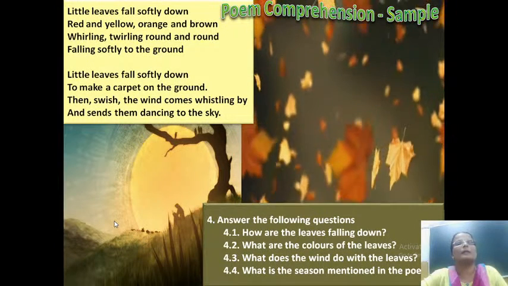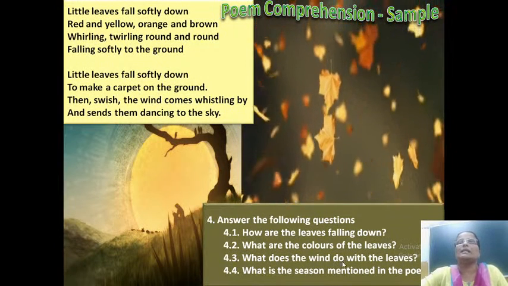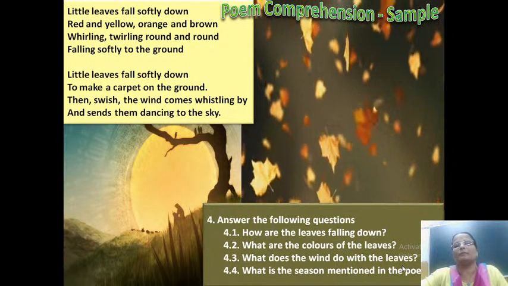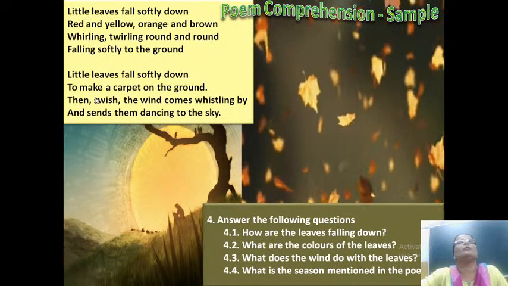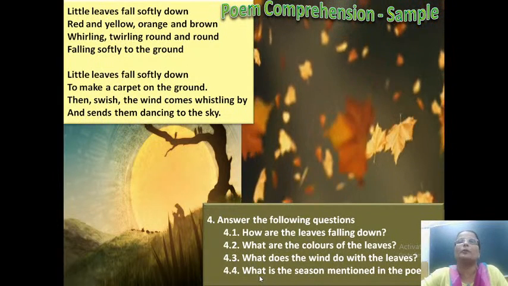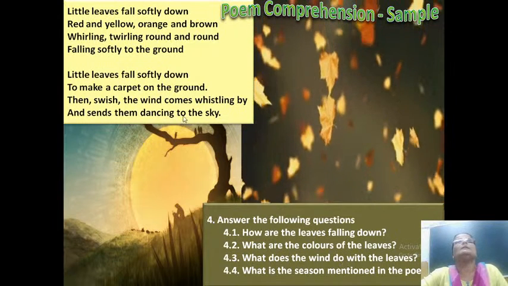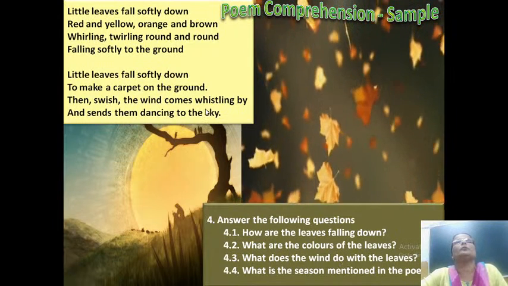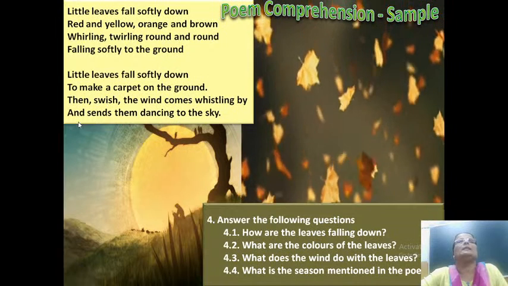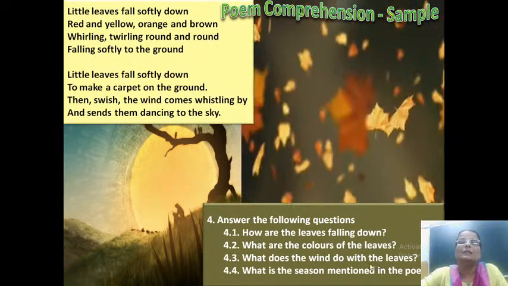Right? So, third question is, what does the wind do with the leaves? You look here, what does the wind do with the leaves? The answer is given here, but you have to write it according to the question. What did the wind do? The wind sends the leaves up in the sky.